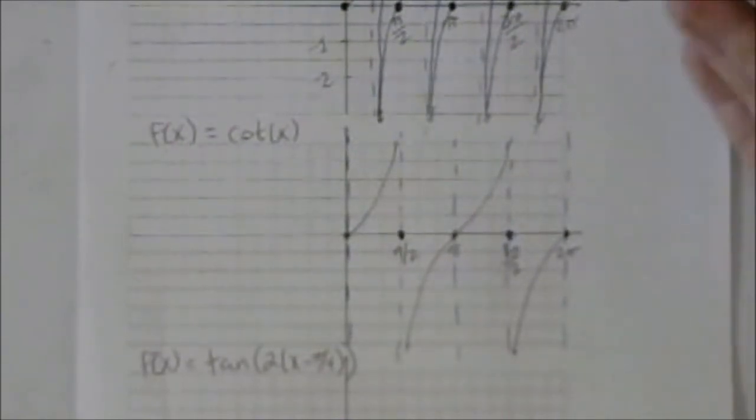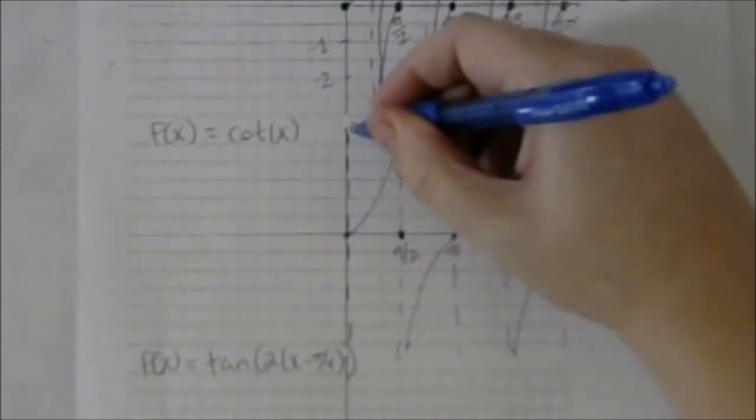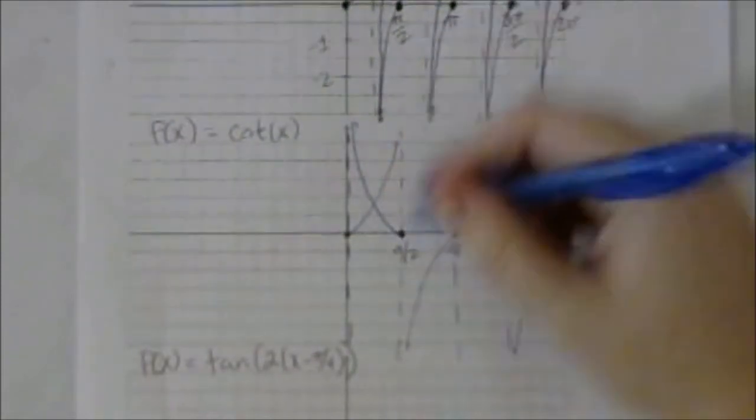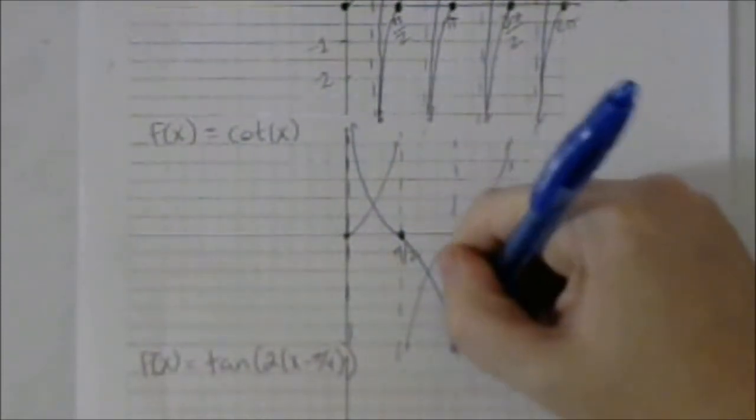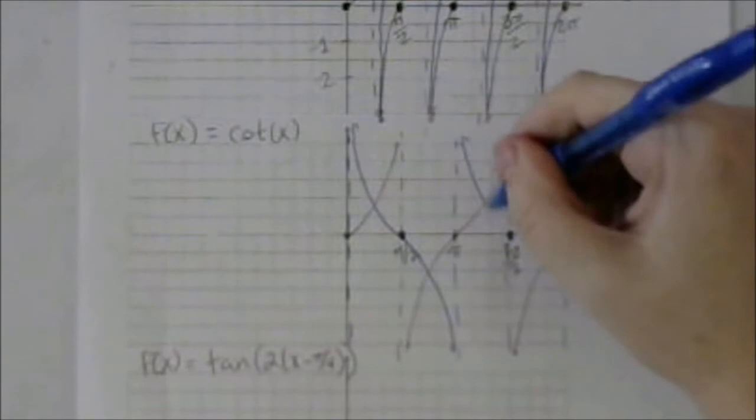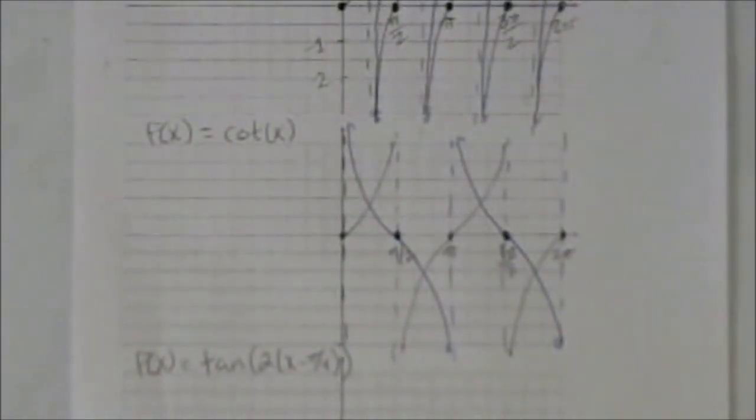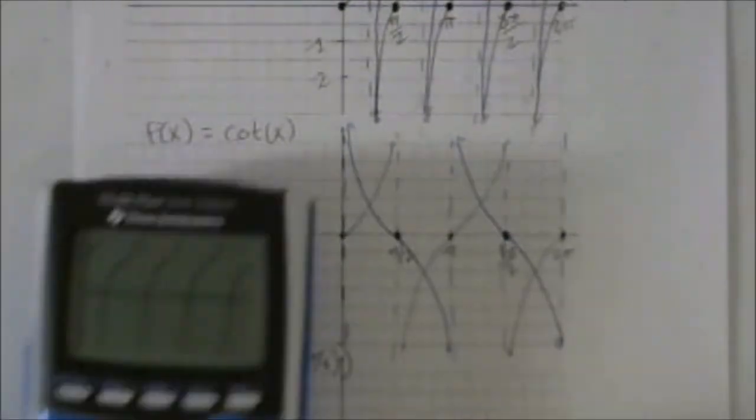Now the same quadrants that tangent is positive in, cotangent must also be positive because a reciprocal has the same sign as an original. But cotangent actually curves in the opposite direction as tangent. When tangent is increasing, cotangent is decreasing, and vice versa. So this is the graph of cotangent x.